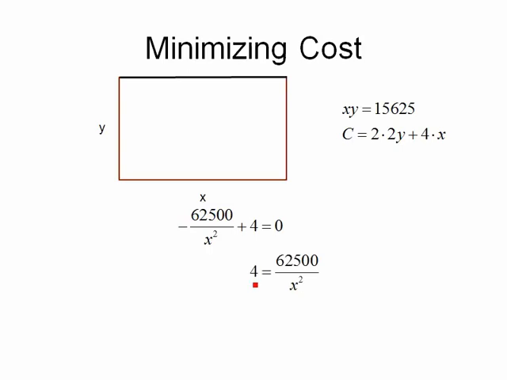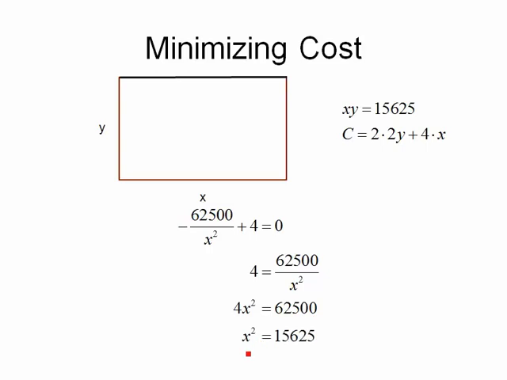That leaves me with 4 equals 62,500 divided by x squared. If I multiply both sides by x squared, that'll clear out that fraction, and it leaves me with 4x squared equals 62,500.